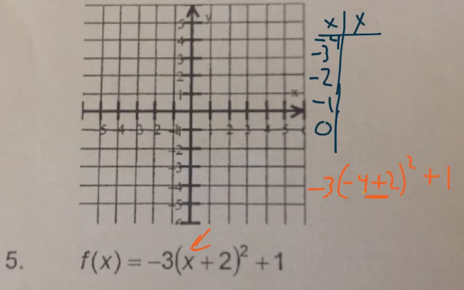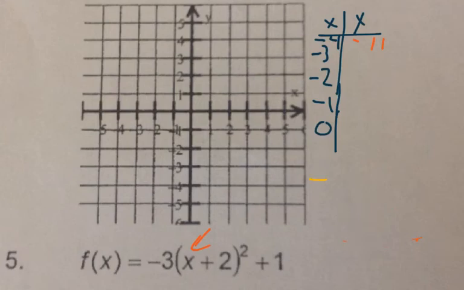And negative 4 plus 2 is negative 2. Squared is 4. So I have negative 3 times 4 plus 1. Negative 12 plus 1 is negative 11. So pause the video if you need to, because I'm going to just erase and work right in the same area here, guys. Okay, so let's go on to negative 3.